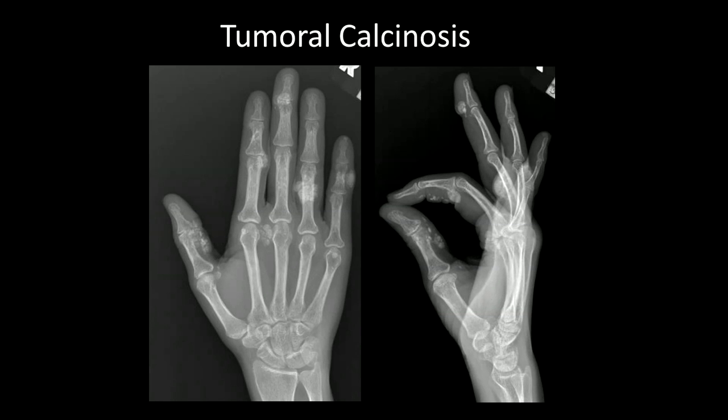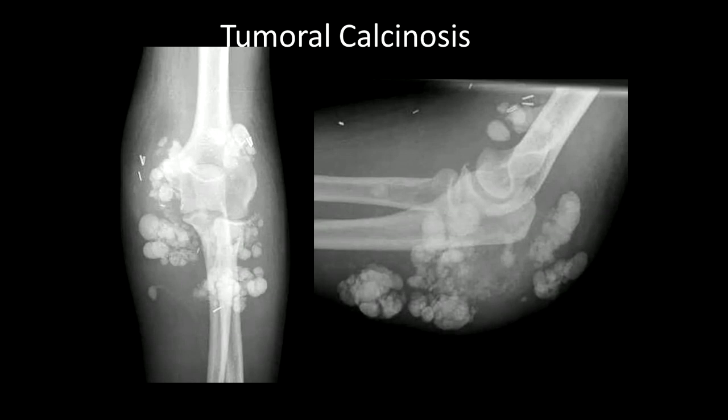So these are hand radiographs in somebody with chronic renal disease. Notice the calcified collections around multiple joints of the hands. This is a classic appearance of tumoral calcinosis. Another example here at the elbow, multiple large calcified masses, some of them with some fluid levels, classic of tumoral calcinosis.